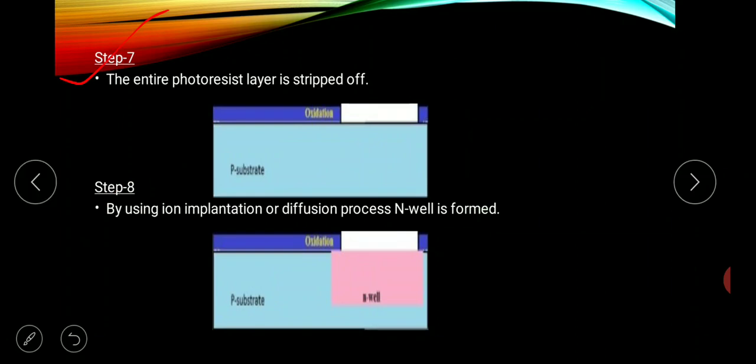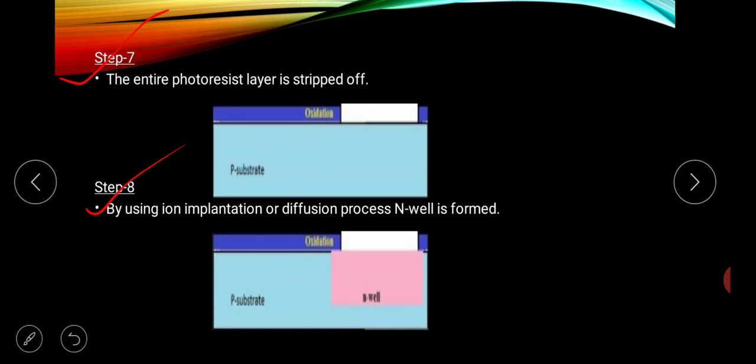Step 8. By using ion implantation or the diffusion process, the N-well is formed. In step 8 we add impurities to the surface of the substrate.